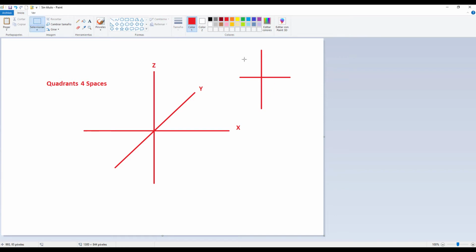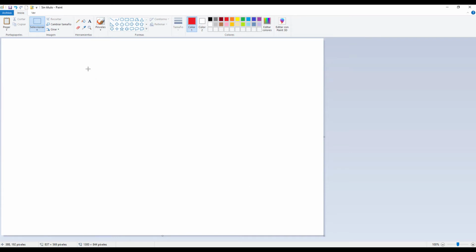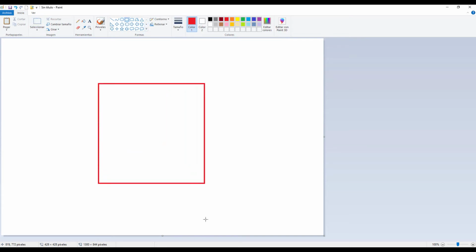Now with three variables, you have octants. It means 8 spaces. It's a little hard to see the 8 spaces, so to understand that, I will create a cube.